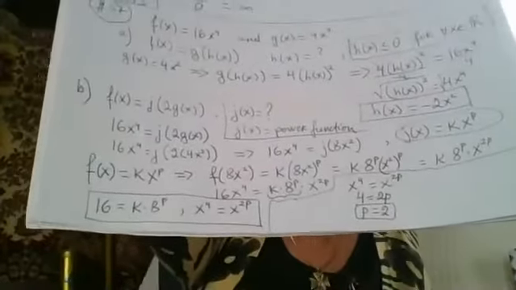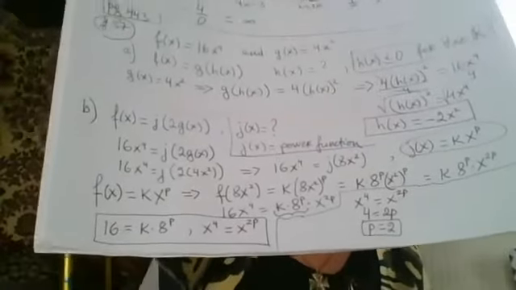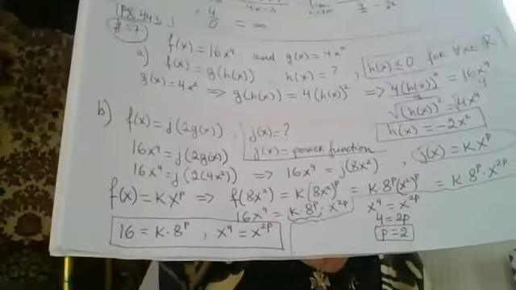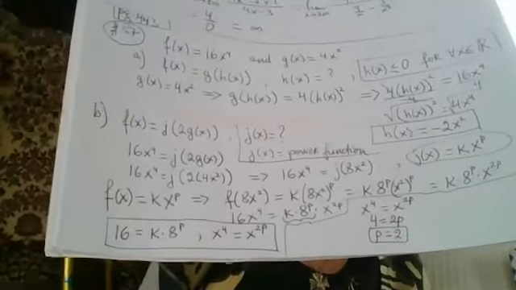Now, being equipped with this p, I can use it in the other statement that 16 is equal to k times 8 to the p. So I am getting 16 equals k times 8 squared. Can I?